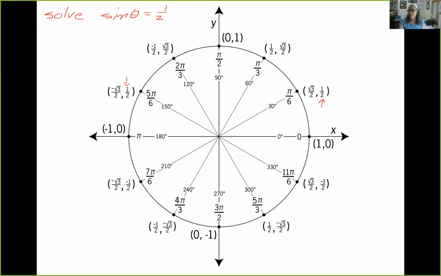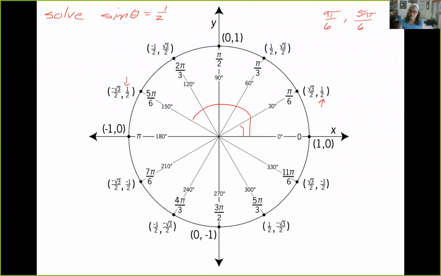So between 0 and 2 pi, that would be pi over 6, 5 pi over 6. But what if we keep going around? What if we go again? So I got this one, and I got this one.